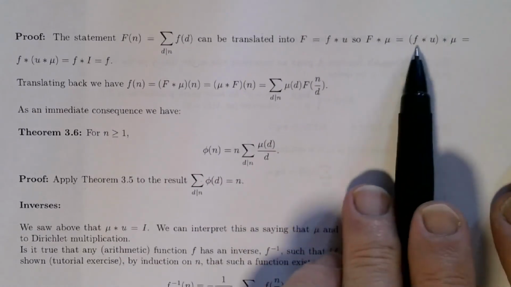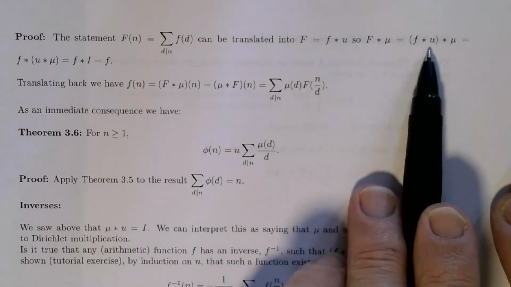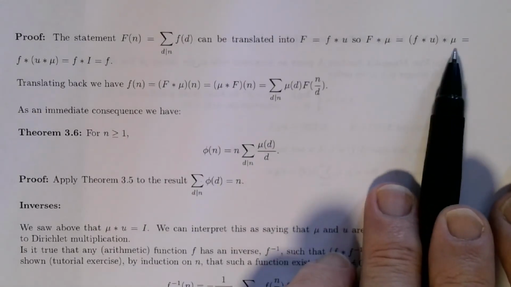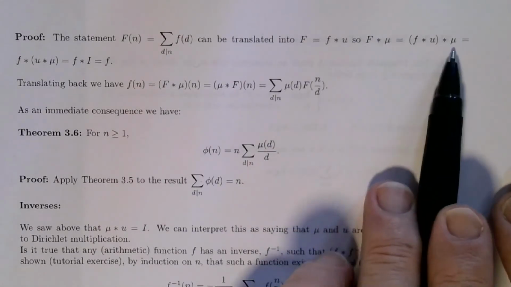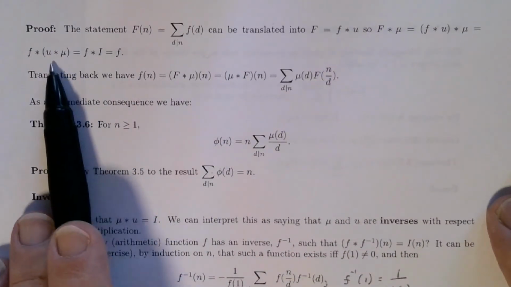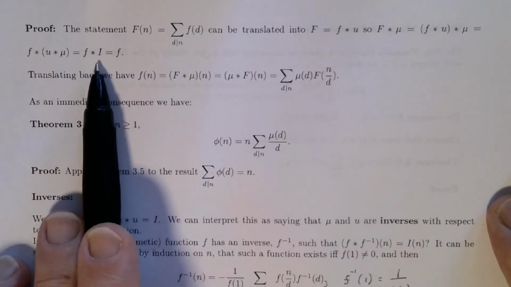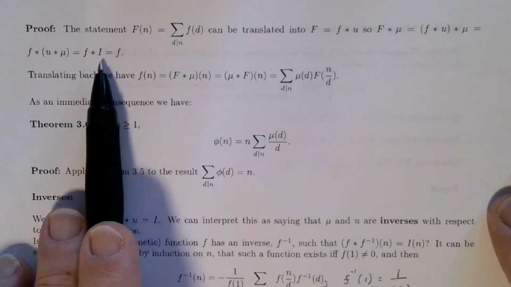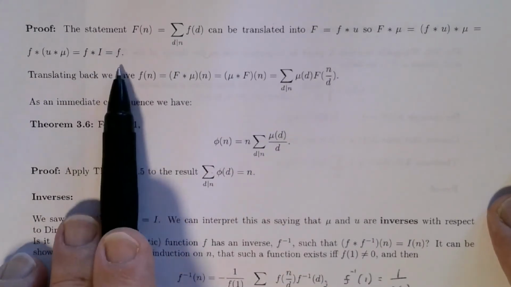So I get F star mu equals f star u star mu. And of course this operation is associative, so I can move the brackets, and we've just seen that u star mu is the identity function. And if you star the identity with any f, you get f.